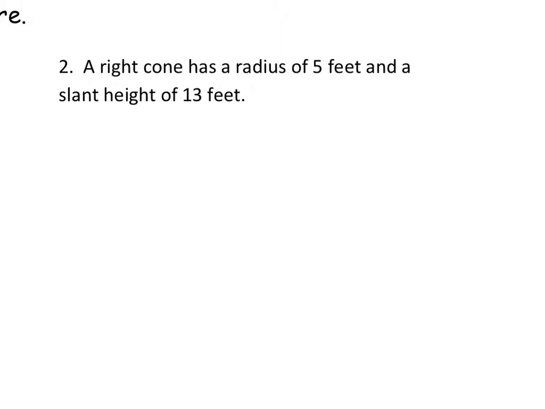Why? Okay, we're doing number 2. It says a right cone. All that means is that it's not oblique, it's not slanted. So a right cone would be just a normal cone. It's not like a right angle cone. It has a radius of 5 feet.